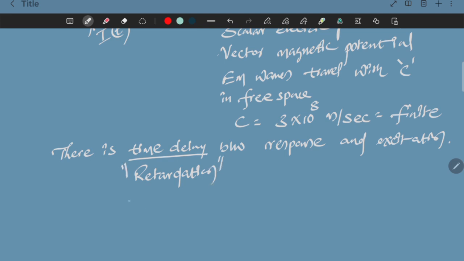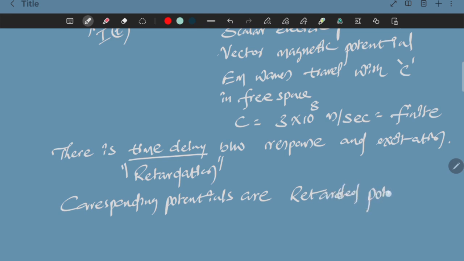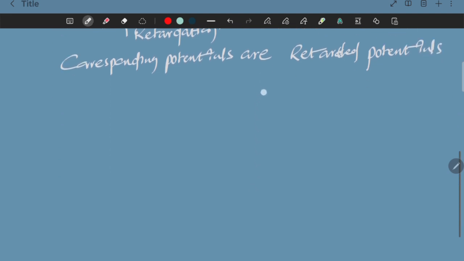Corresponding potentials are retarded potentials. Now we'll see the expressions in a short manner.